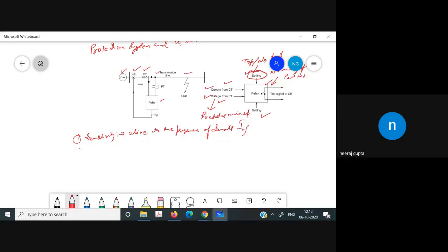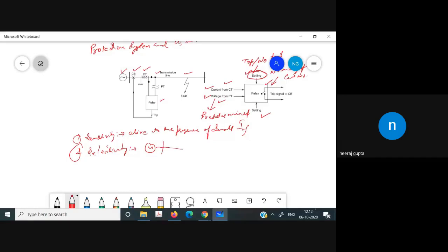Now the second one is selectivity. What do you mean by selectivity? Sir, it should be able to decide if this fault current is a signal to trip the circuit breaker. Okay, that's okay. Actually, it must be selective.